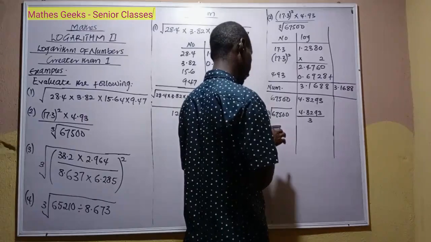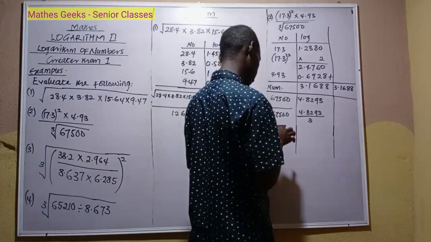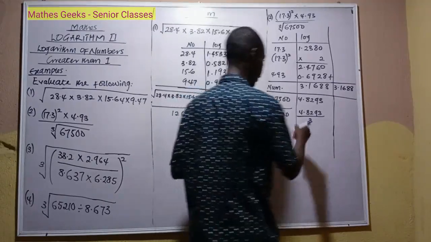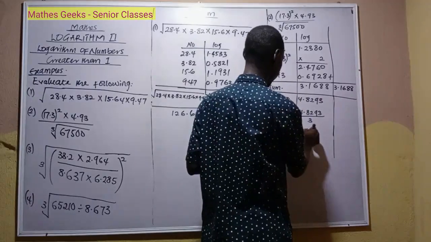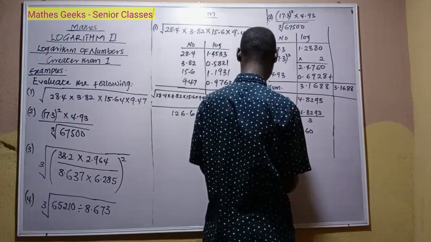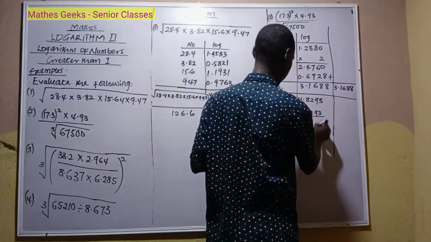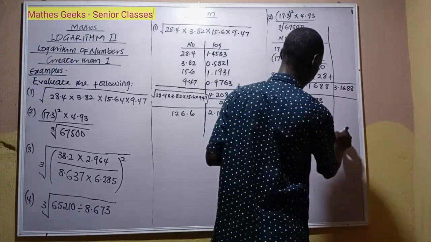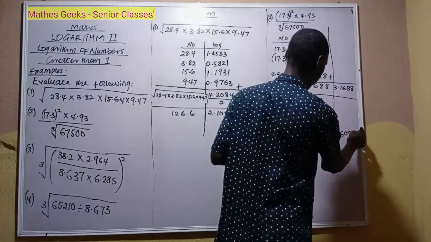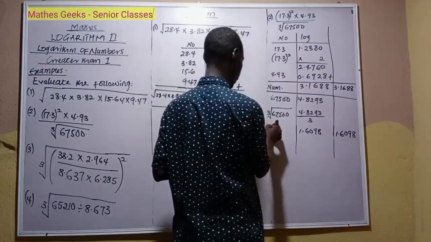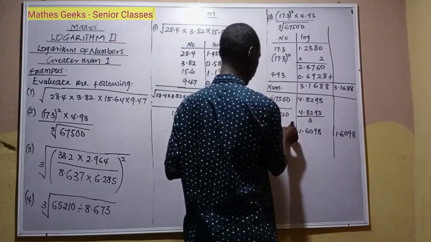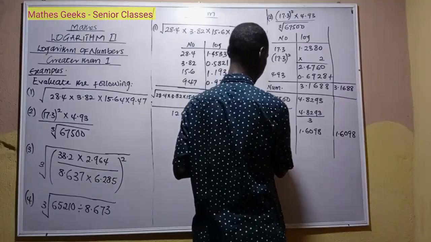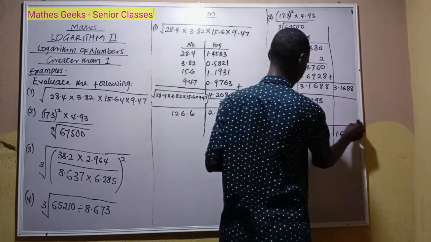That is 1.6098. So I'm going to bring it here. 1.6098. I call this my denominator.